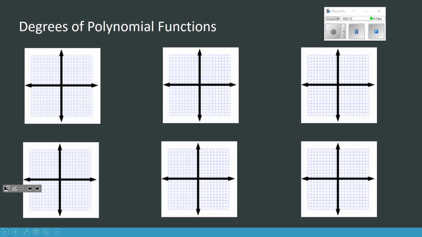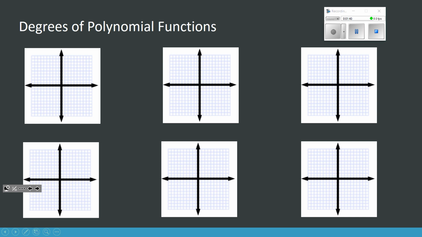So first things first, we're going to talk about degrees of polynomial functions. And we talked about this a little bit the other day. We said that every time you add on a degree, what happens to the graph? It takes another turn.